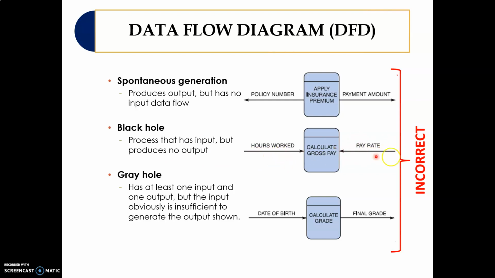The last is the gray hole: it has at least one input and one output, but the input is obviously insufficient to generate the output shown here.